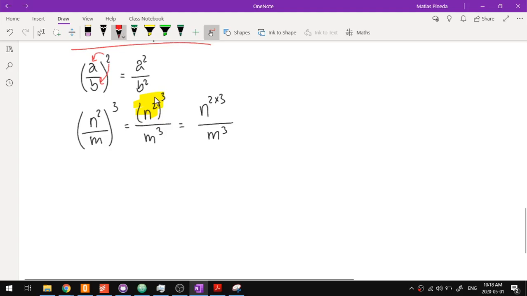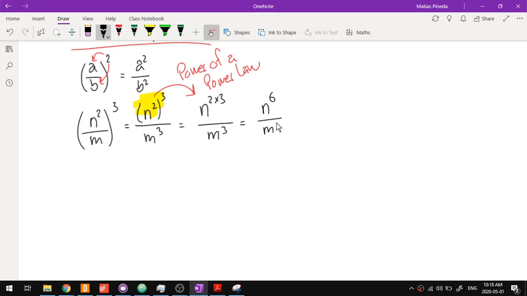So we're going from here to here in the numerator by applying the power of a power law. And then to simplify it completely, we just multiply the 2 and the 3, so it's going to be n to the power 6 over m cubed. Now this is your final answer here.